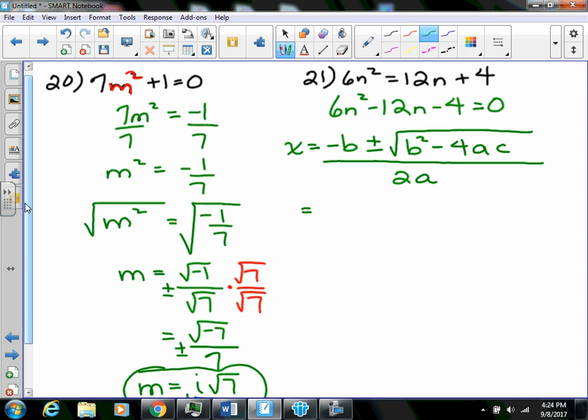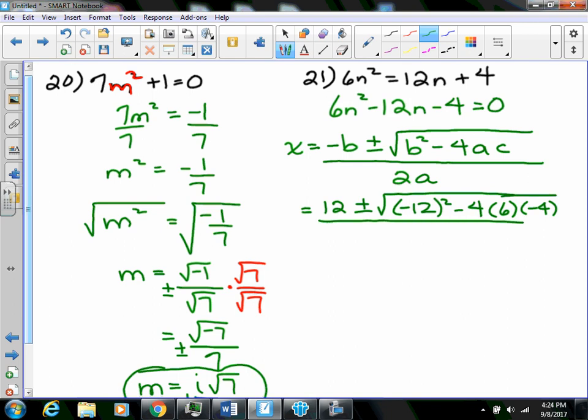My original b is -12, so the opposite of that would be a +12, plus or minus the square root of b squared, where my b is a negative 12, and I'm going to square it, minus 4 times a, which is 6, times c, which is negative 4, all over 2a, and my a is 6.